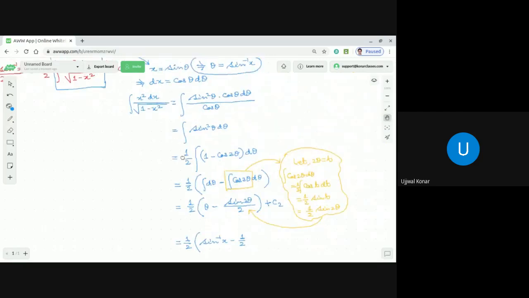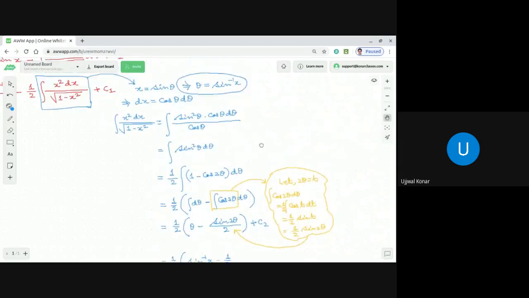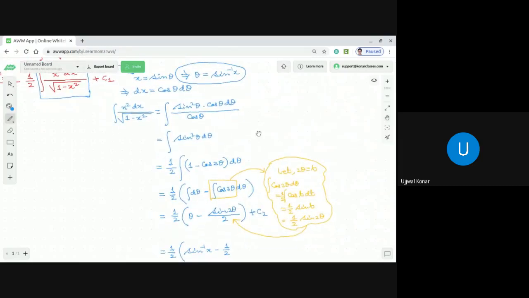Let's find the value of sine 2 theta in terms of x. Let me use a different color so that you can differentiate later. So sine theta equal to x, so that implies cos theta equal to what? Square root of 1 minus x square. In simple terms it is plus minus, but we are concentrating on integration, so we take the plus value. Now what is sine 2 theta? It is equal to 2 sine theta cos theta.